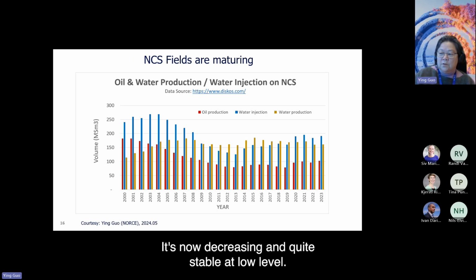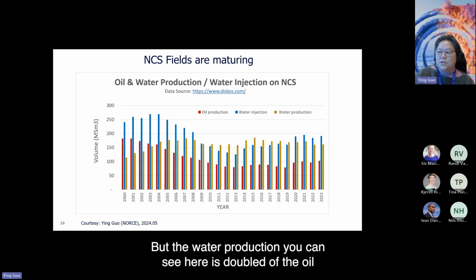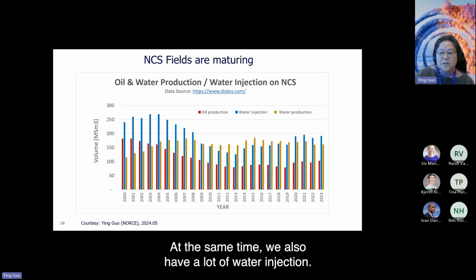It's now decreasing, quite stable at low level, but the water production you can see here is almost double the oil production. At the same time, we also have a lot of water injection.